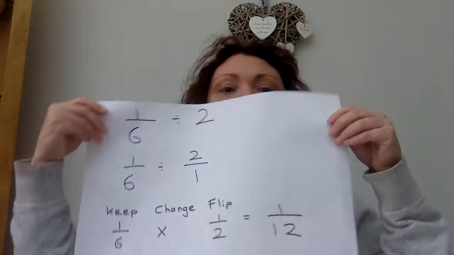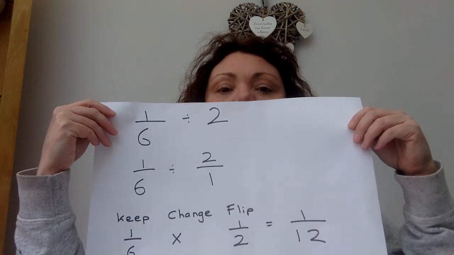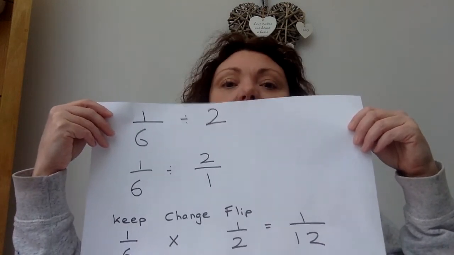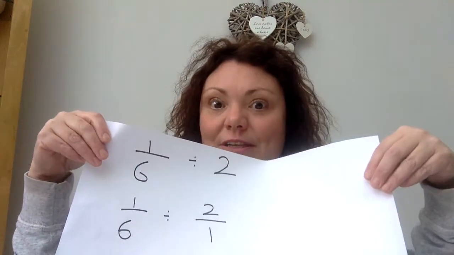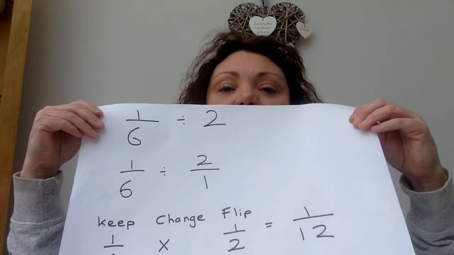Shall I do you another example just in case? Let's have another go. All right then, let's have a look at this one. So we have got 1/6 divided by 2. So I'm going to change that integer into a fraction. So we know what that is now. 1/6 divided by 2/1. And then we say to ourselves, it's a division.